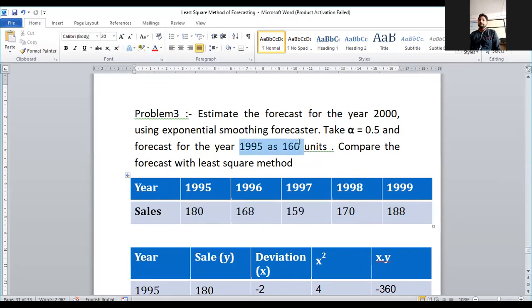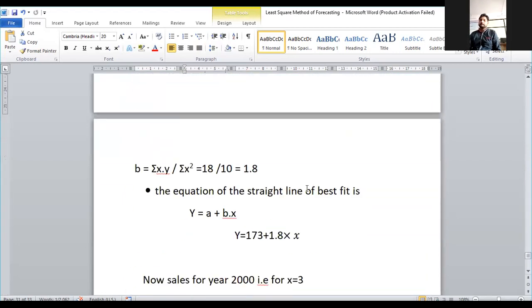So for the 1995 year, 160 units is the forecasted demand and actual demand is 180 units. That will be the basic data we require to calculate the forecasted demand for the next periods. Okay, next period.